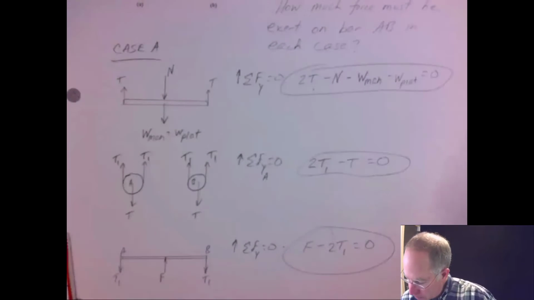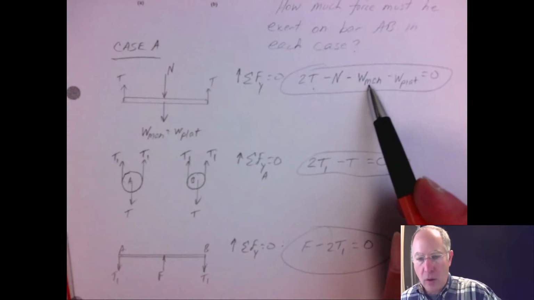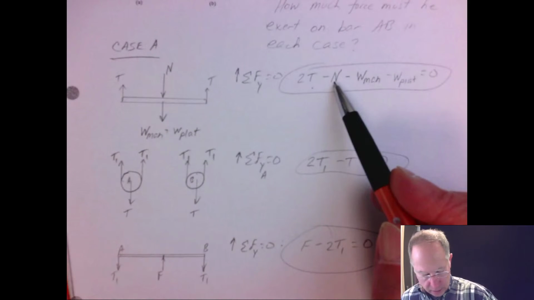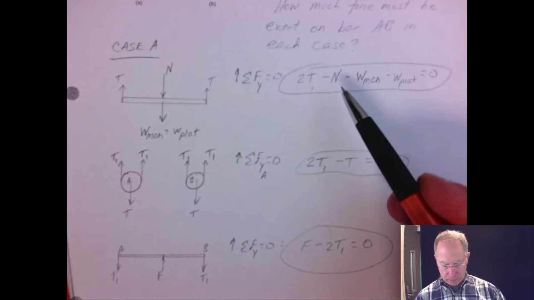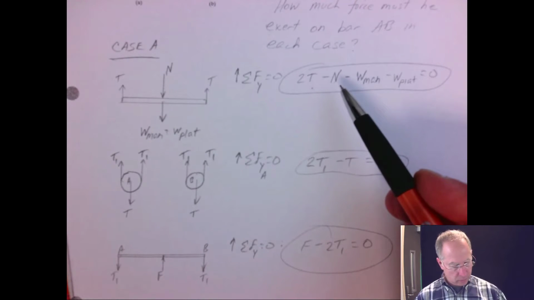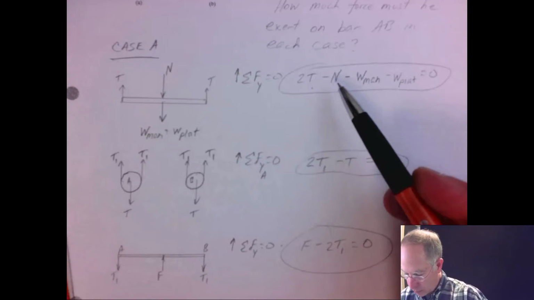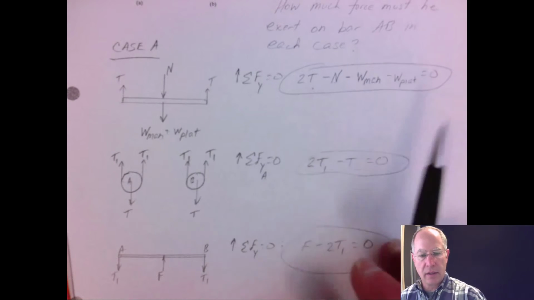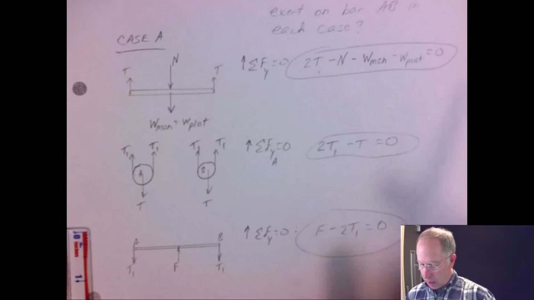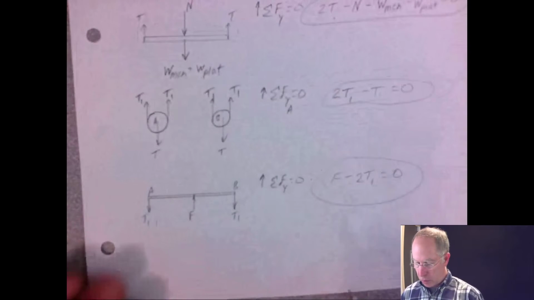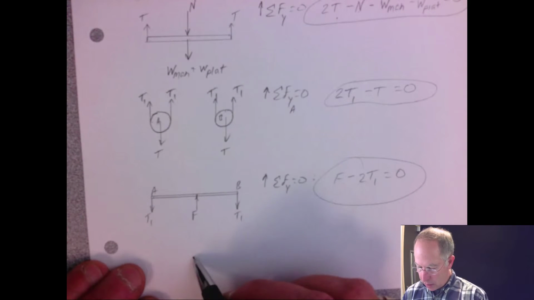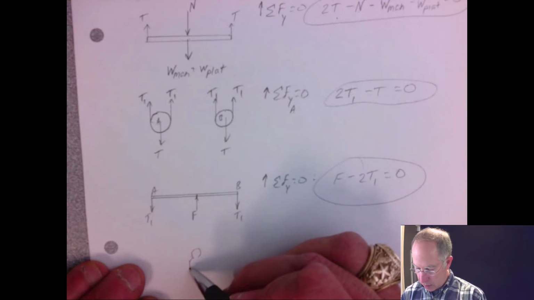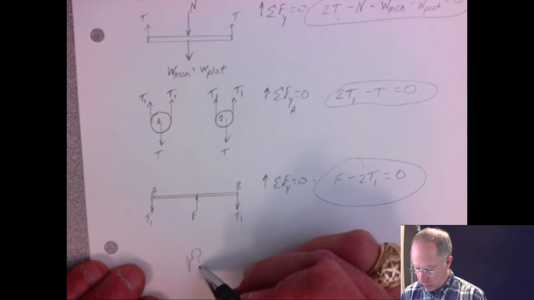Let's see what we got. That's a known, that's a known. N is an unknown. Aha! Look at N. Let's do a free body diagram of the person. We're going to need that. So here's the person, and they've got their arms. Well, the arms are going up, it's true.